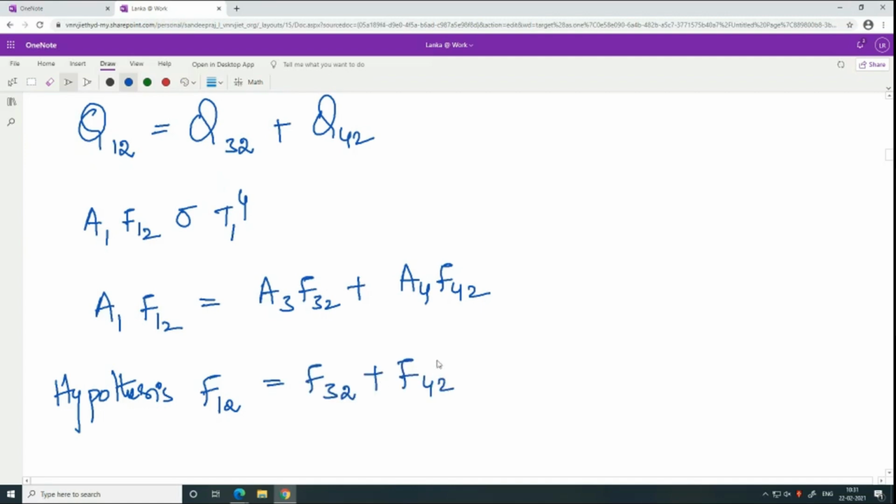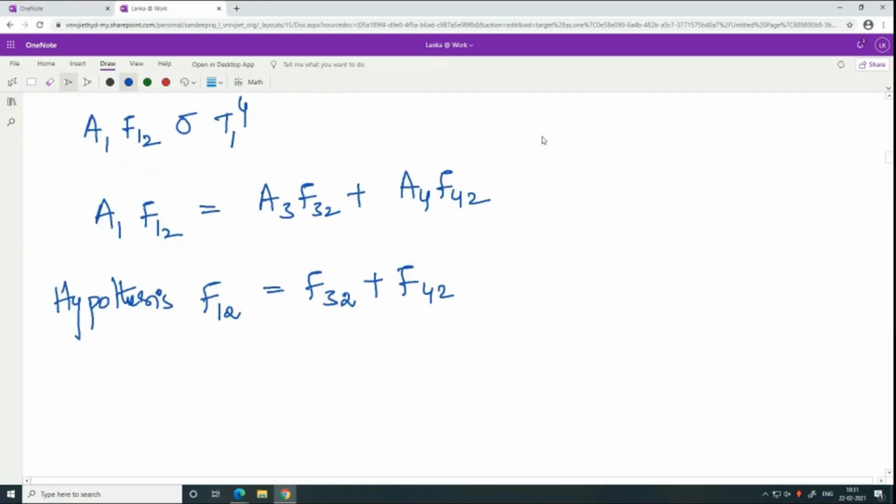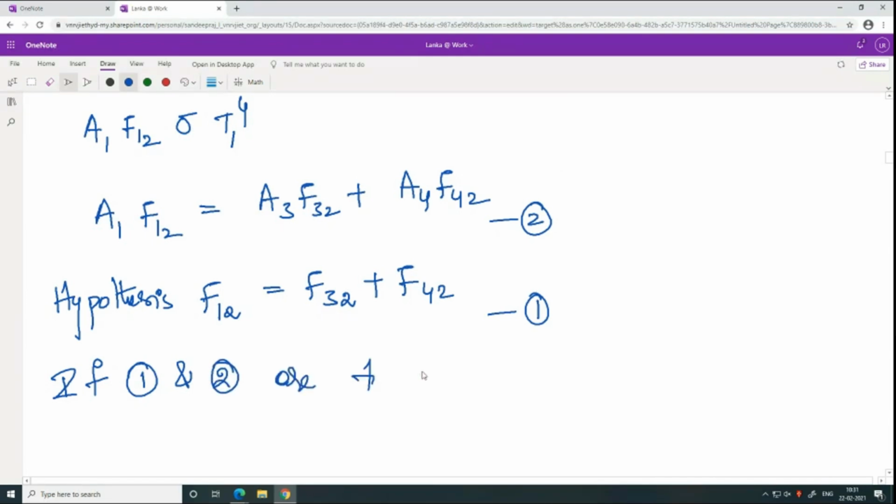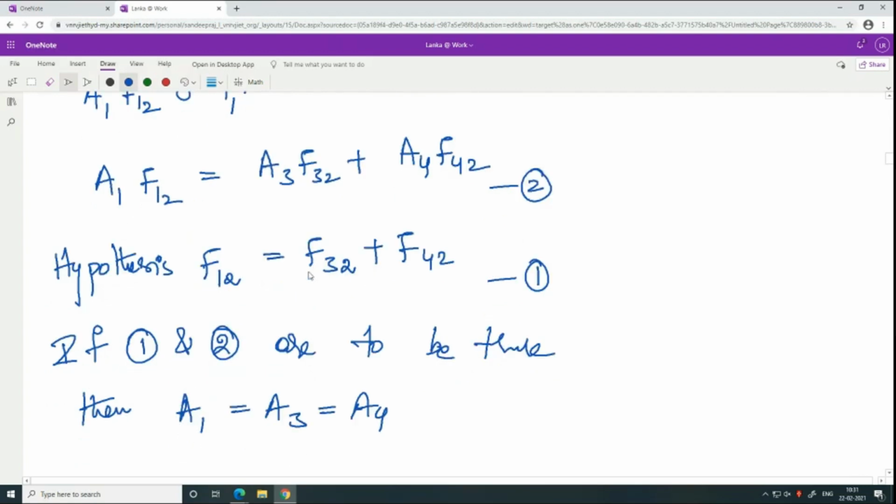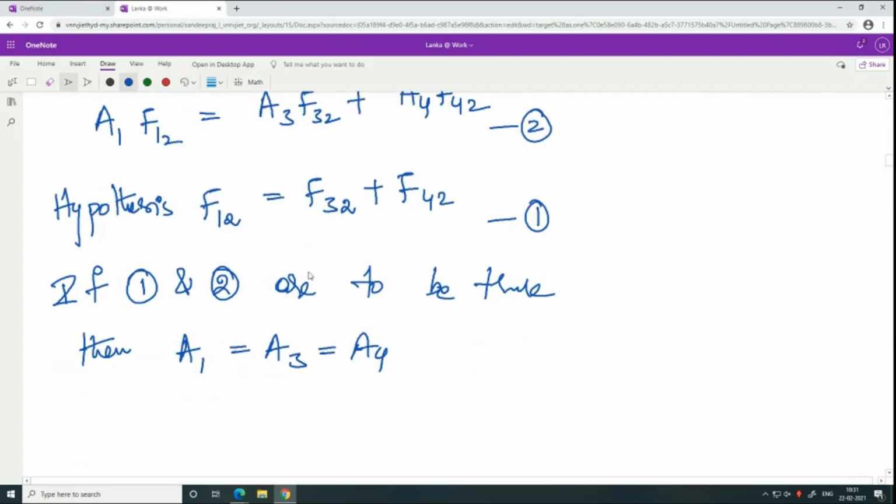So if both the statements are to be true, let me say that if 1 and 2 are to be true, then A1 should be equal to A3 is equal to A4. Then only both the equations will suffice. Okay, both will be true only if A1 and A3, A4 are equal.